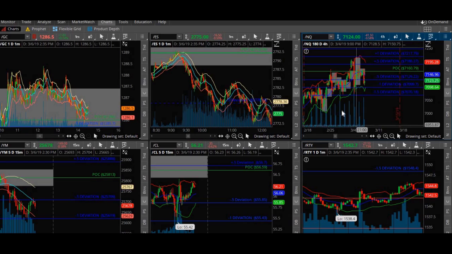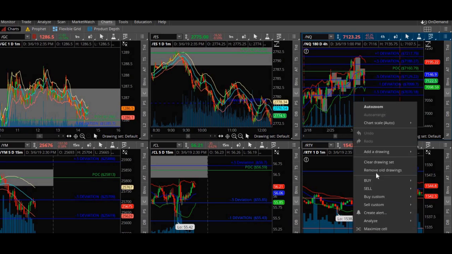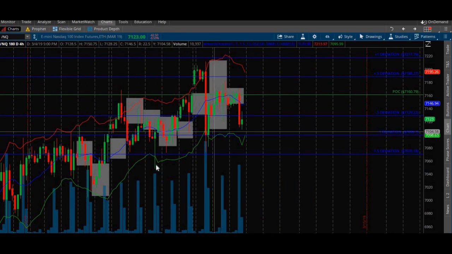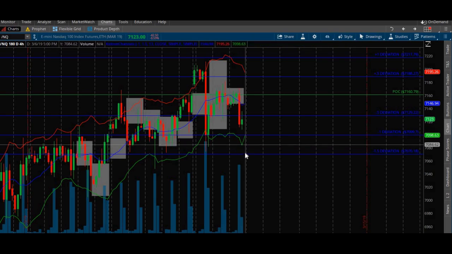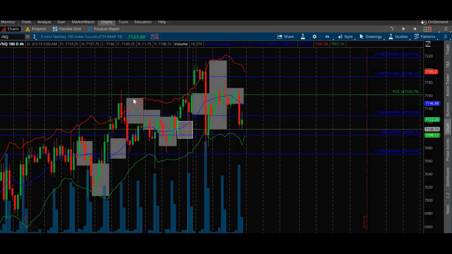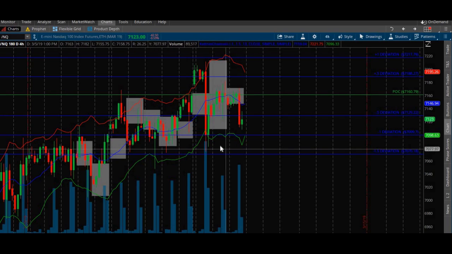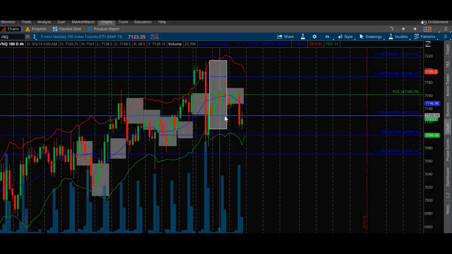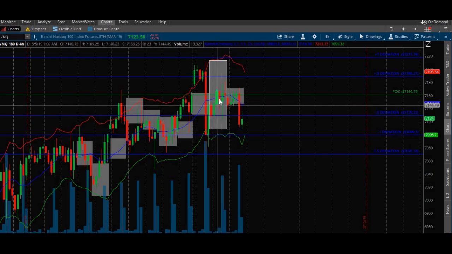So the 4-hour chart on the /NQ or the US Tech 100 here is not as oversold, so we didn't really move into that demand that we did with the US 500, and that's okay. What I saw here was potential demand at this level, and the reason I did is because if you look here, we had demand here.